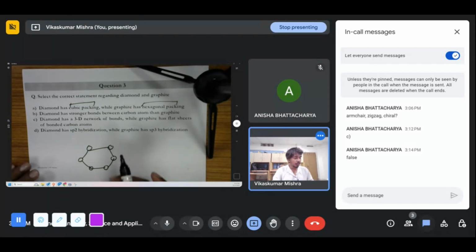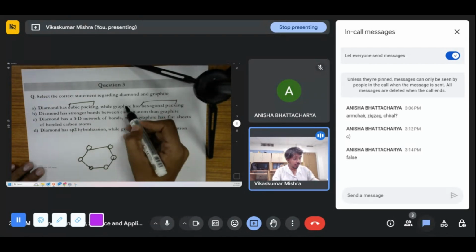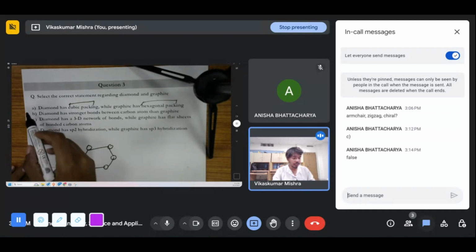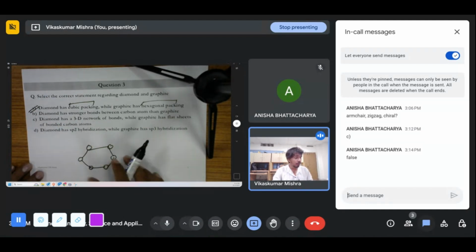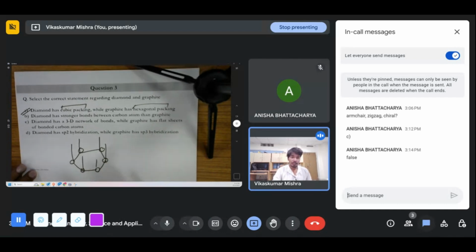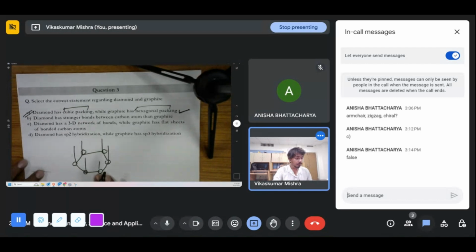So instead of graphite, if we use the word graphene over here, that will be much more correct. But let me tell you, this is also a correct statement. It is also forming the hexagonal packing. So within the layer, it will do like that, and above the layer, this will be expanded, and then again they will form the hexagonal packing. So the first answer is right. Option number one is the correct one.